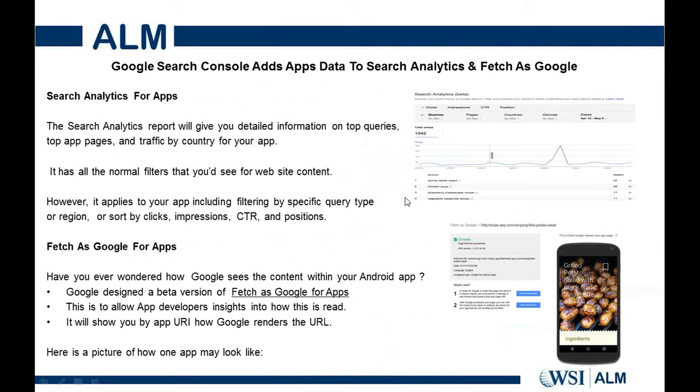Apps that are connected can be indexed and show results online through Google search engine result pages, right? SERPs. And now they've gone one step forward, which is really cool. It's for those of us that have clients that have apps.